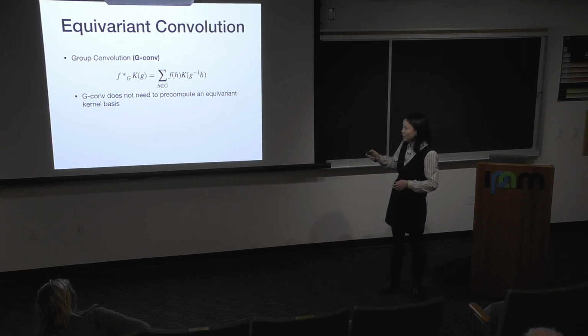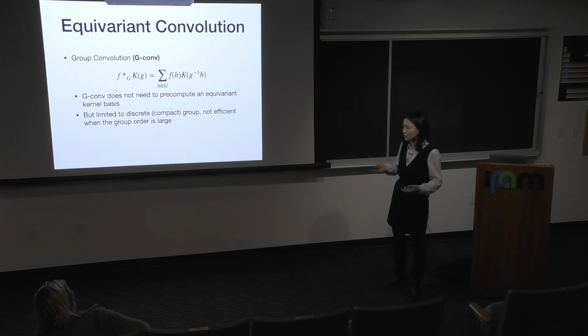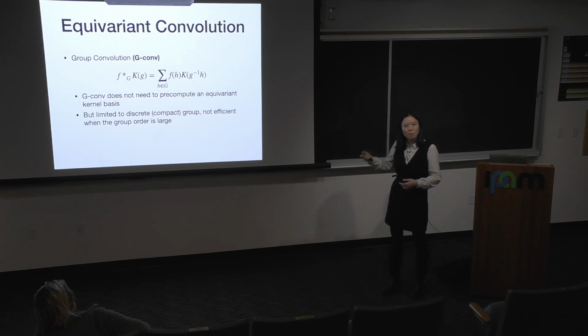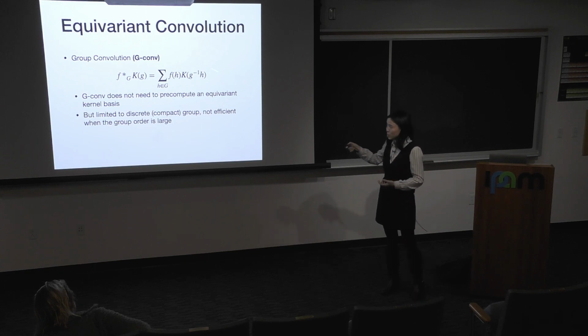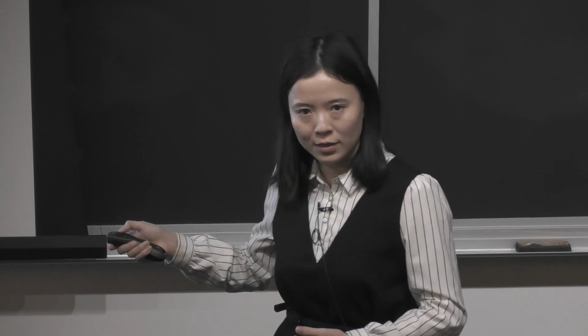The downside is that you need to focus on the sum, so you have to sum over all the group elements. If the group is continuous or non-compact, then you cannot do the sum anymore. So there is a limitation for computing group convolution in this way.